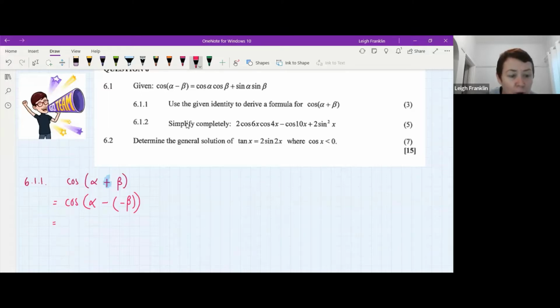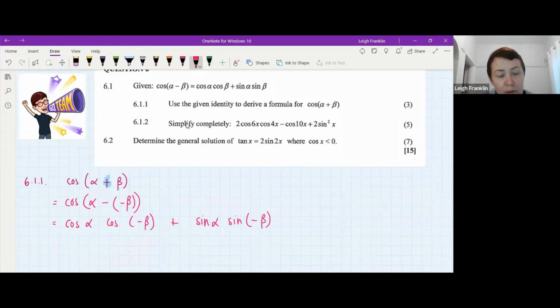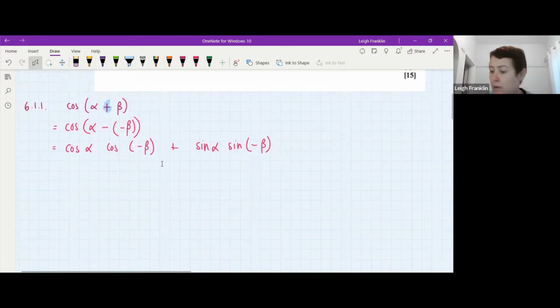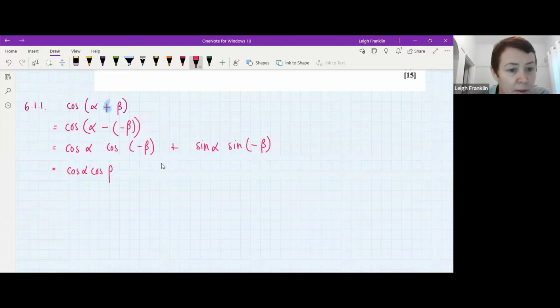Then we expand using our cosine compound angle formula. That gives us cos alpha cos minus beta plus sine alpha sine minus beta. Now I'm going to work with these negatives. We know that cos minus beta is positive cos beta, so our first term will be positive cos alpha cos beta.